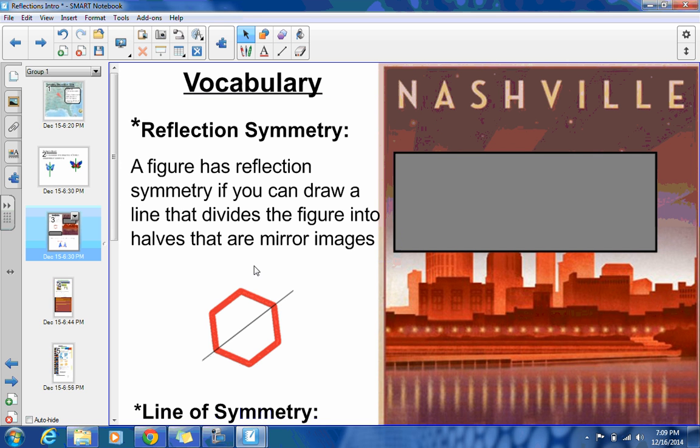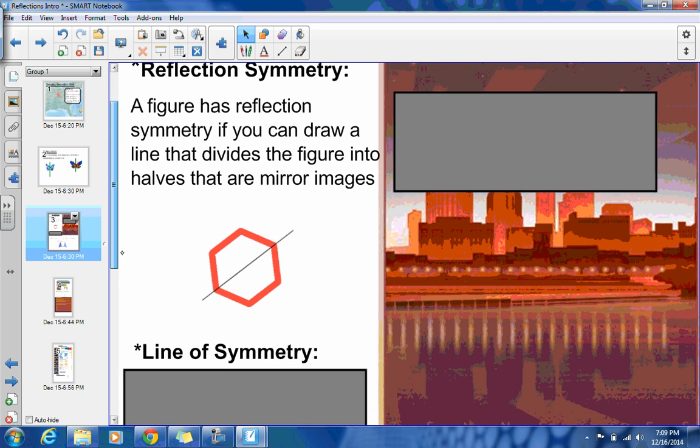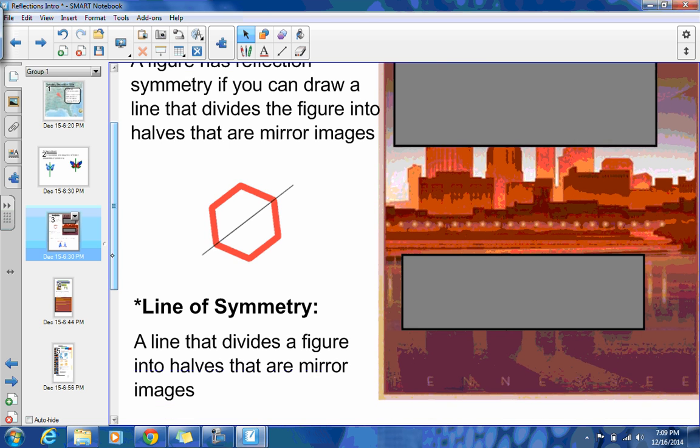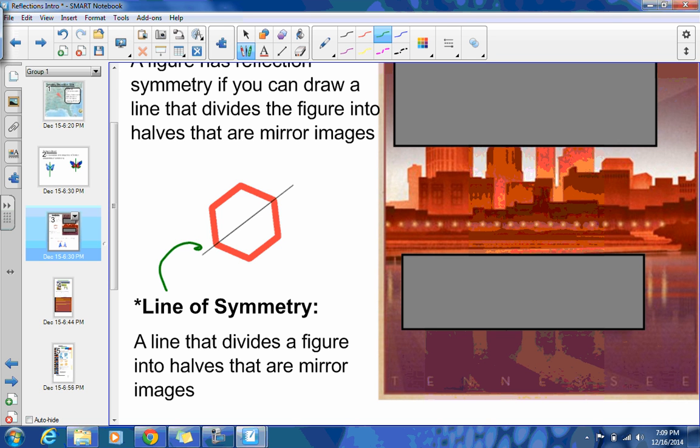So you have a picture there. You can draw a line. This line divides the thing in half. So if you folded it over, it would go right on top of itself. And that line is called the line of symmetry. The line of symmetry is the line that divides the figure into halves that are mirror images.